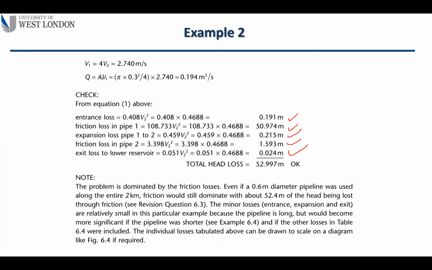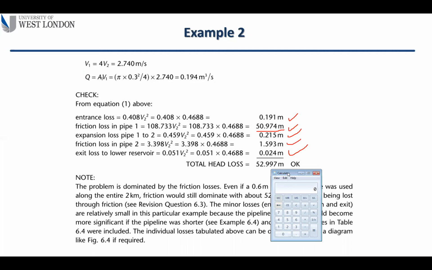But if you carefully look at these 5 terms, interestingly, you can see that the friction loss in pipe 1 contributes most of the values here.